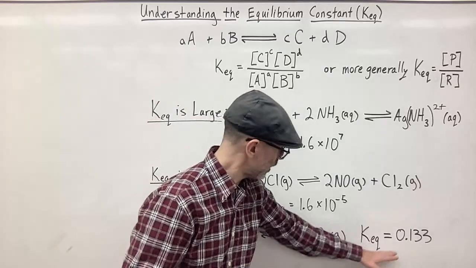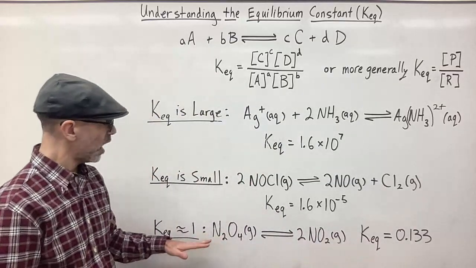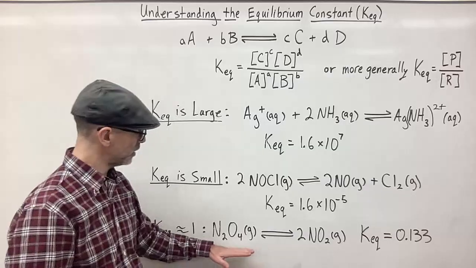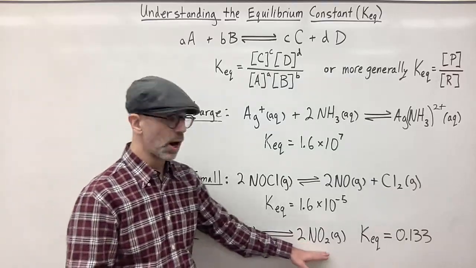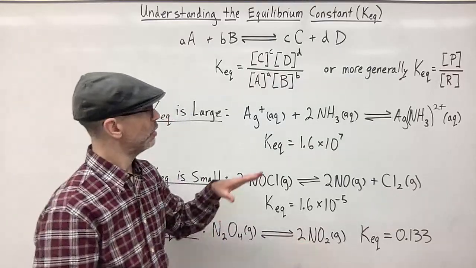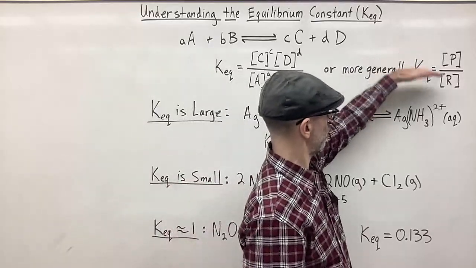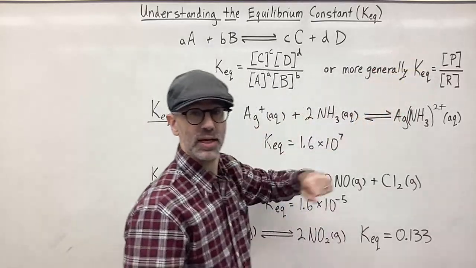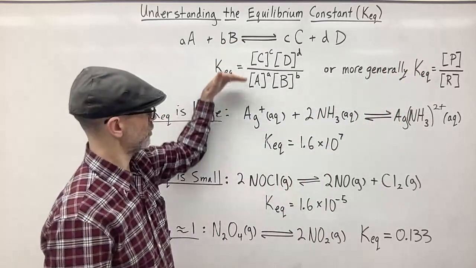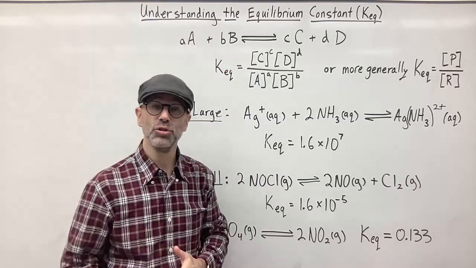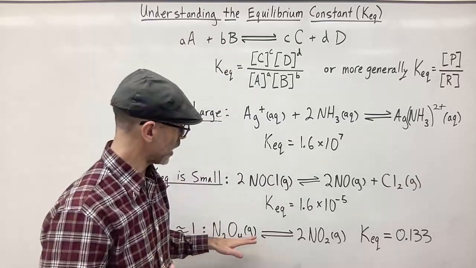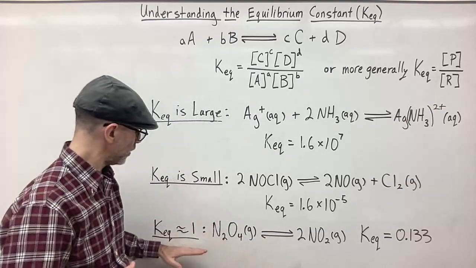factor, right? So in this case, at equilibrium, the amount of reactants and products are about equal, right? So again, the ratio is close to 1, meaning the concentration of products and reactants is close to equal, giving approximately 1, right?